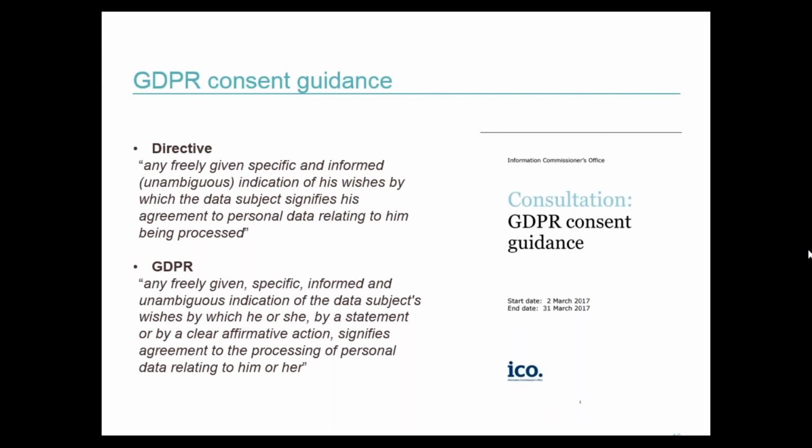So if you look at the difference between the definition of consent under that directive and GDPR, they don't really seem that different. So under that directive, it's any freely given specific and informed indication of a person's wishes. I put unambiguous in brackets because the directive also says that consent has to be unambiguously given.